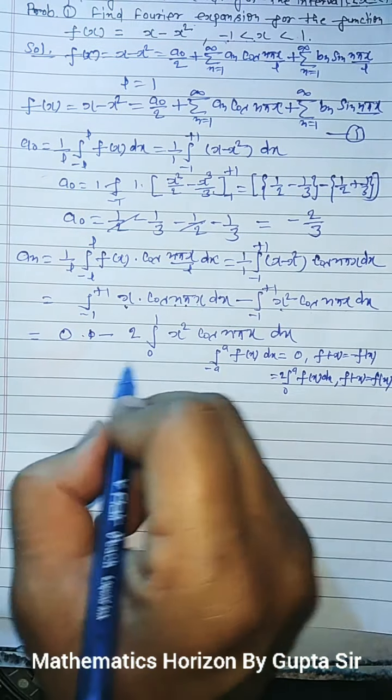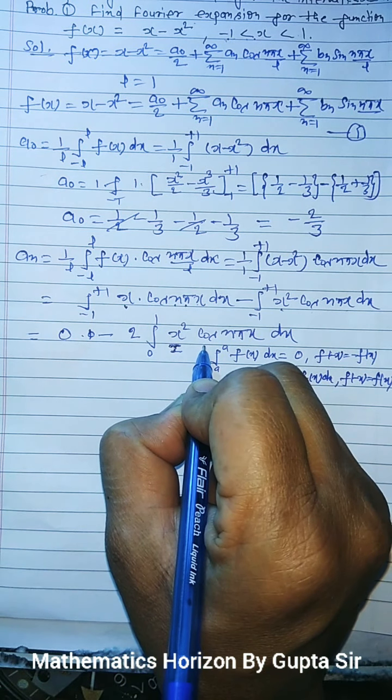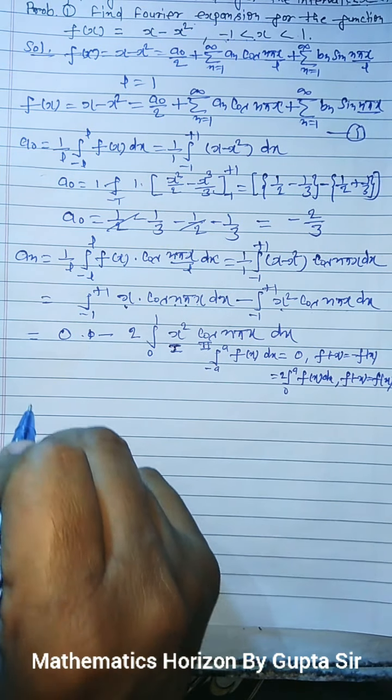Now we have to integrate this by parts, taking x square as the first function and cos n pi x as the second function.